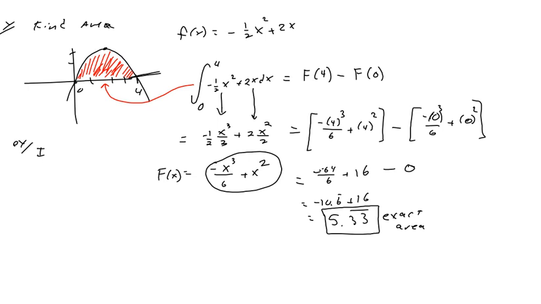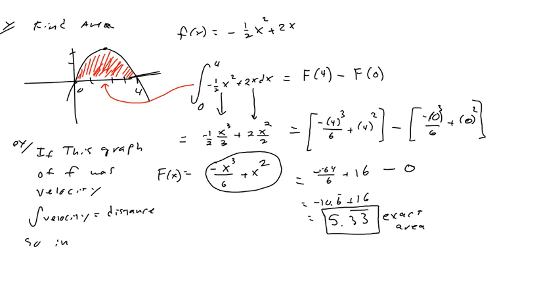If this graph of f was velocity, the integral of velocity equals distance. So in, I don't know, 4 hours, you traveled 5.33 miles, is what this would say.